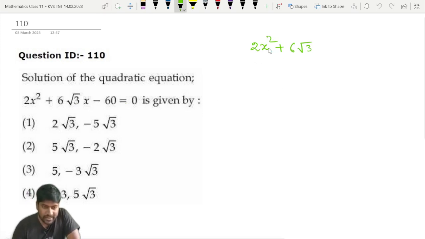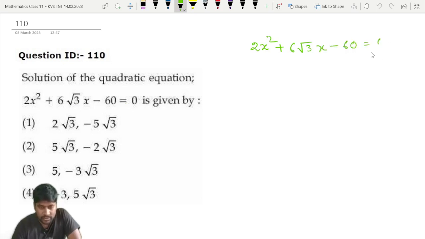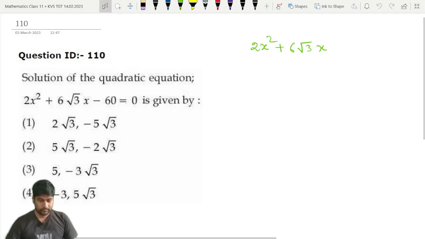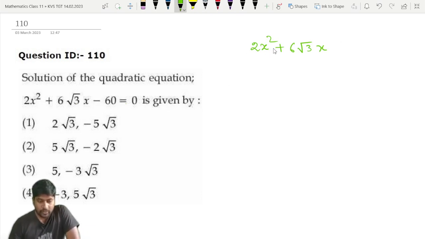The equation is given as 2x square plus 6 root 3x minus 60 is equal to 0.